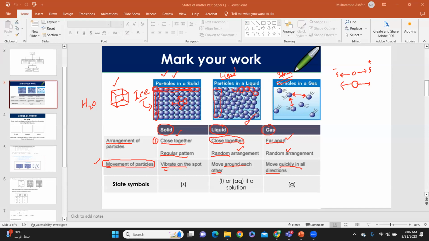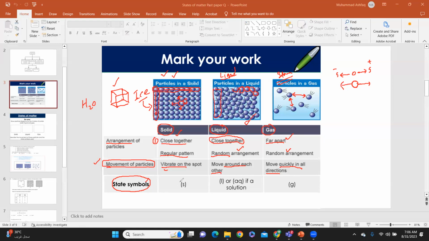Okay. The last thing here, which is very clear, is about the state symbols. What does it mean? These are the state symbols used to represent solid, liquid and gas. Instead of writing the complete word, chemists made it easy to understand and reduced writing time.